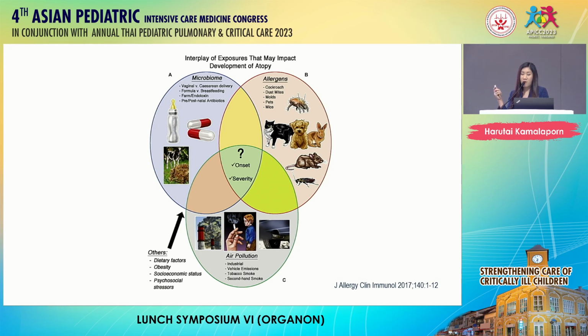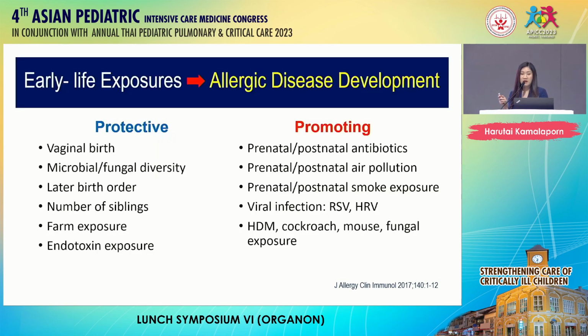If the patient, or the pregnant mom, contacts all of these things, I'm going to summarize here the protective and promoting factors of allergic disease development in early life. Protective factors: if you have vaginal birth and microbial and fungal diversity, you contact a small amount, an appropriate dose, of bacteria. I mean, not too much, but a bit of them. And later, birth order and number of siblings, you have many children, not only one child in the family.